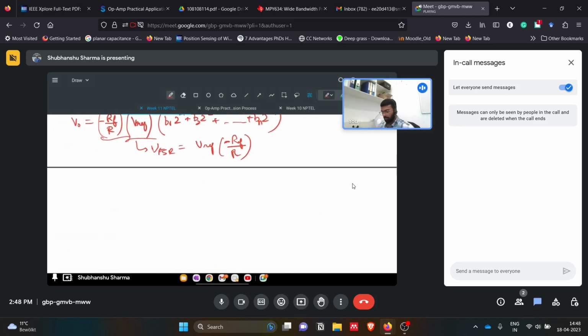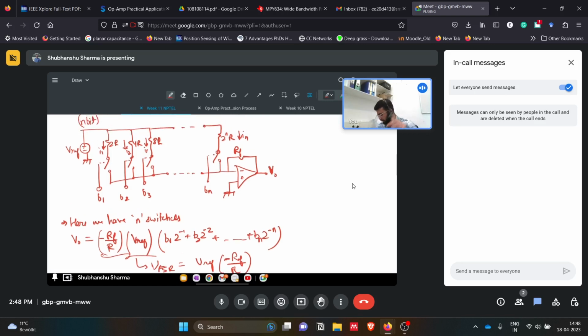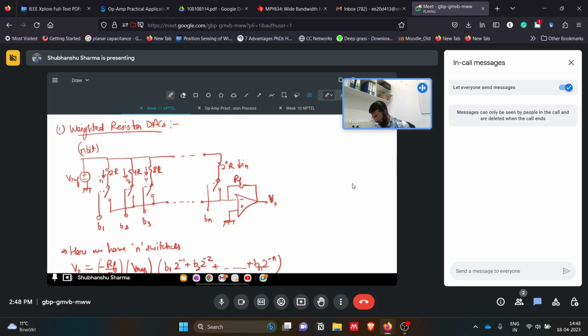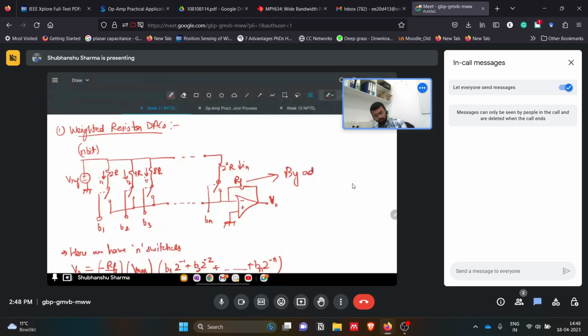Just for extra information, we have offset and gain errors in this type of DAC. We can nullify the offset error by trimming the offset voltage of the op amp, and the gain error can be nullified by adjusting the RF value.